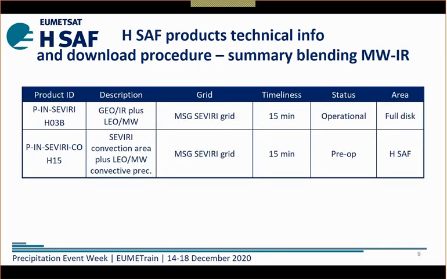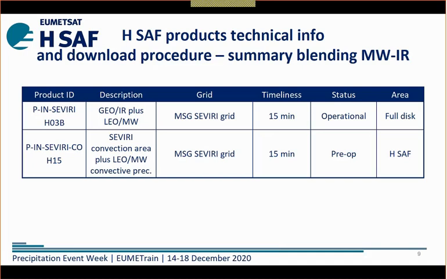The second group of products are the ones obtained by blending data from the low Earth satellites with the infrared 10.8 channel from Meteosat second generation. So we have some kind of algorithm. There will be an explanation tomorrow morning by Davide Melfi about this.